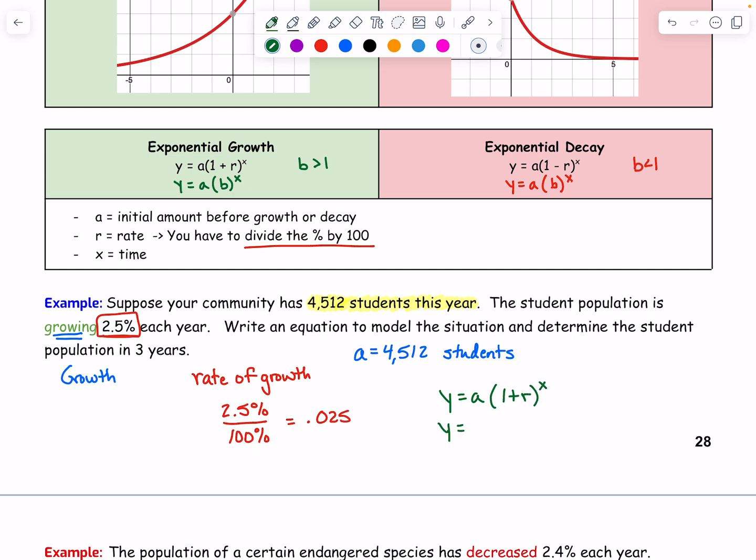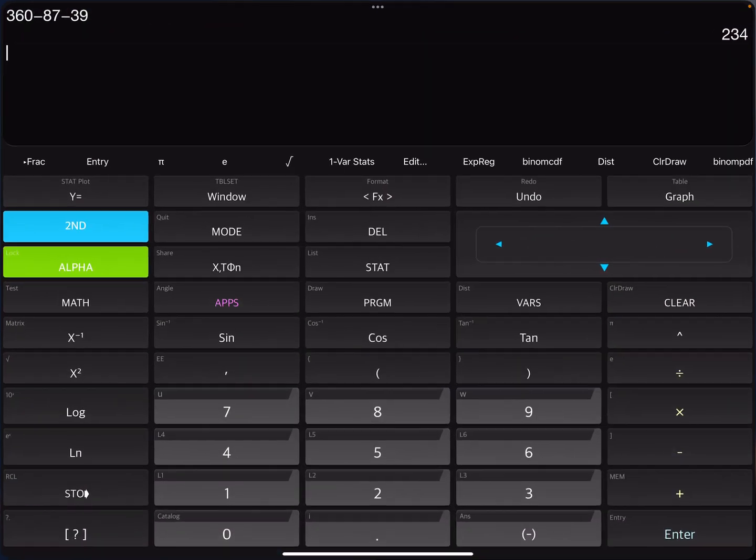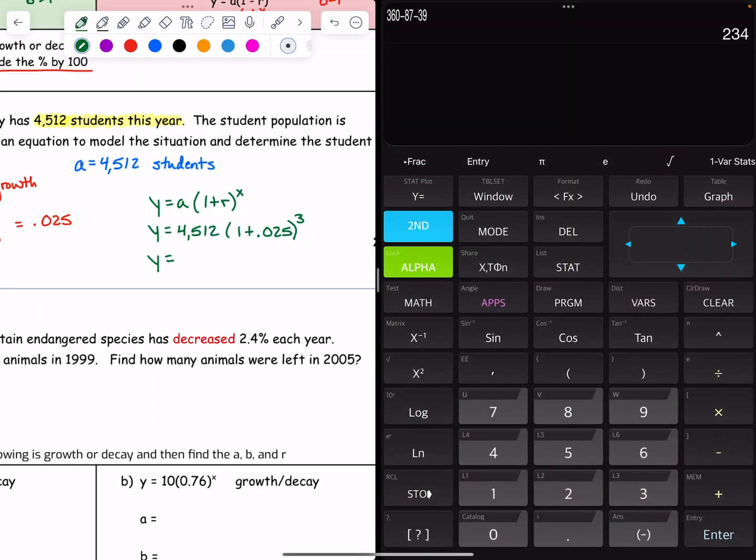So y equals 4,512 times 1 plus the rate, which we put as a decimal, 0.025, to the power of time, which is 3 years. So we have everything we need. We just need to type all that into our calculator. So let me grab my calculator, and we're just going to type all that carefully like it looks into the calculator.